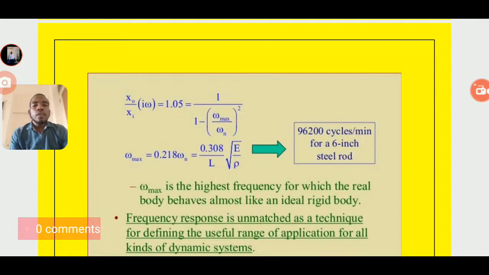So we can say that ωmax is equal to 0.218 ωn, which is equal to 0.308/L times the radical of E/ρ.